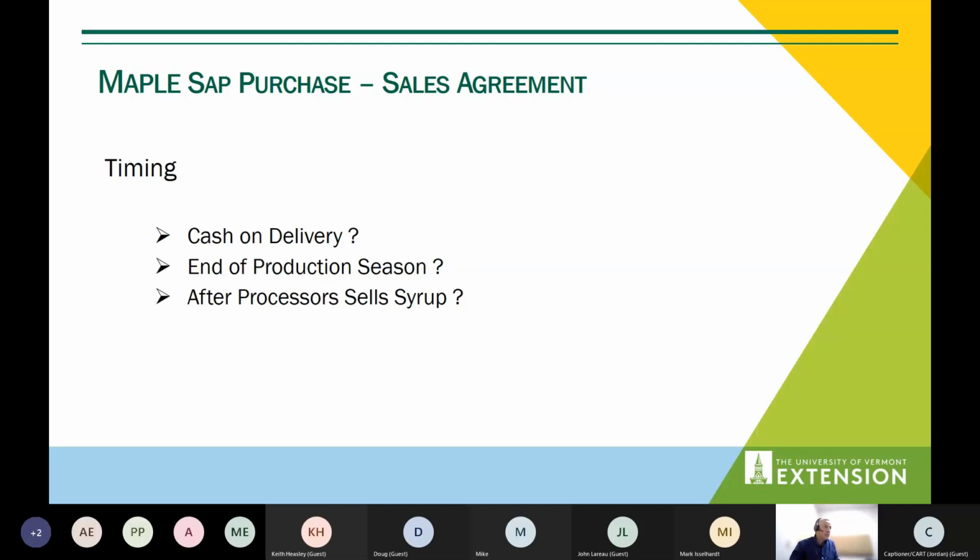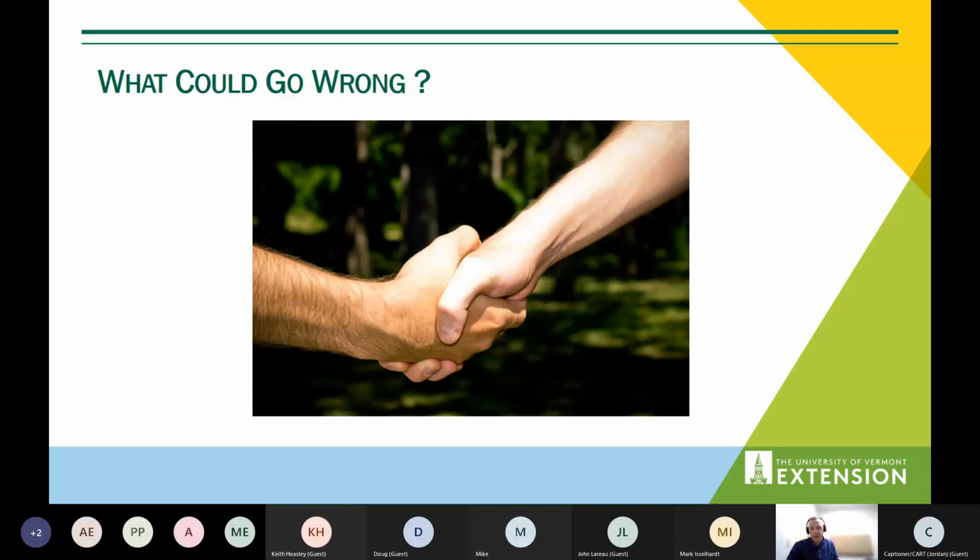And at this point, I'd really like to open it up for conversation. We can, in a second, unlock you so you can ask some questions out loud. And if you've got anything you'd prefer to type, definitely type into the chat box. I'm going to leave it to you. I think you can all think of a few things that could go wrong that I didn't mention. So if you've got some ideas of what could go wrong or what things you may want to protect yourself from, I'll wait and please chime in.